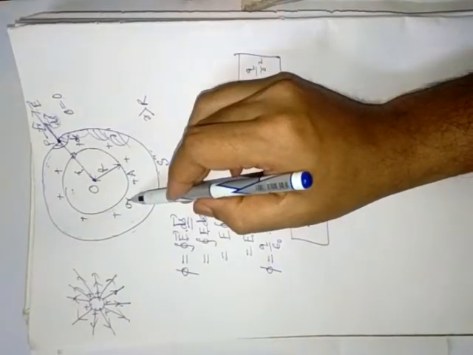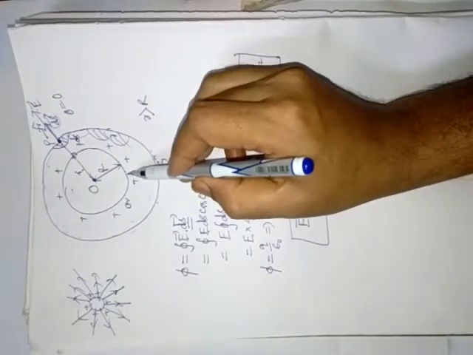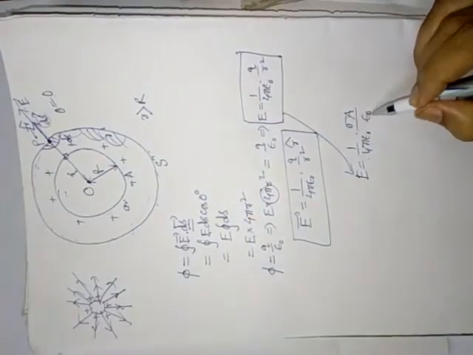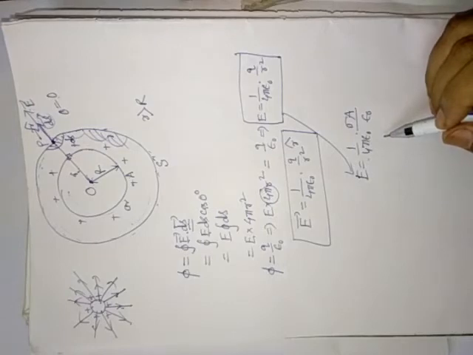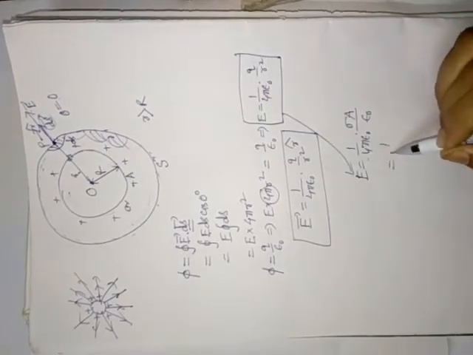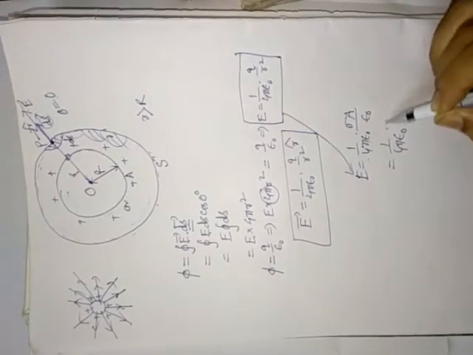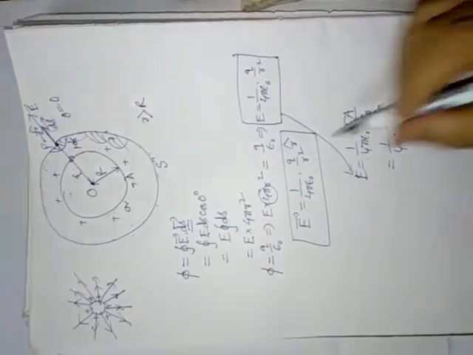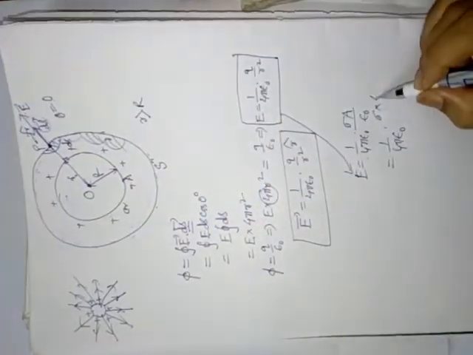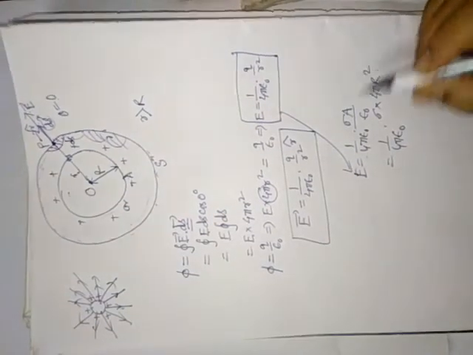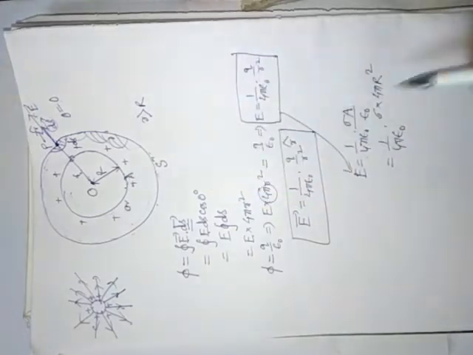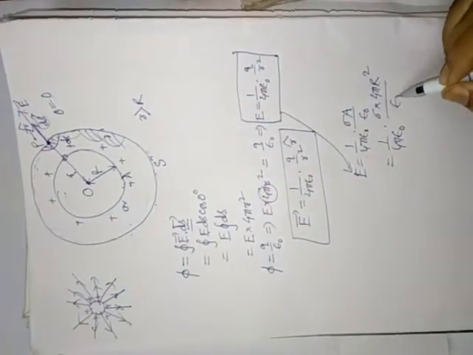Because if you multiply surface charge density with the net area, then you will get Q. Q is equal to sigma into A. And after calculation, you see 1 by 4 pi epsilon naught sigma into A. A means the area of the sphere, this spherical shell. That means 4 pi, this time capital R square, because area of the shell is 4 pi capital R square by epsilon naught.